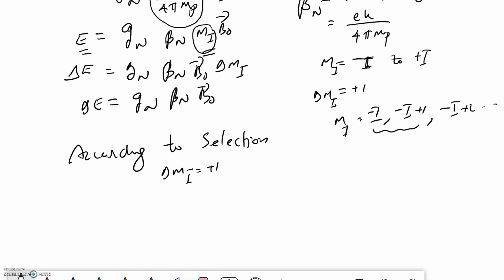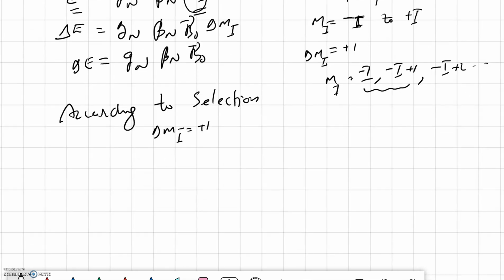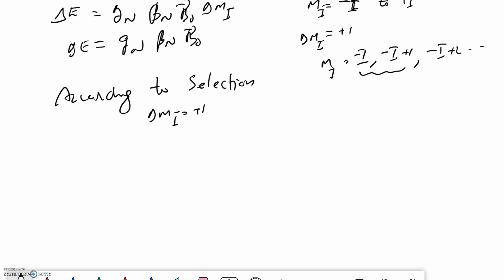That is, only transitions between adjacent levels are possible. Therefore, delta E is equal to Gn into beta n into B0. That means the energy for transition is proportional to the applied magnetic field.